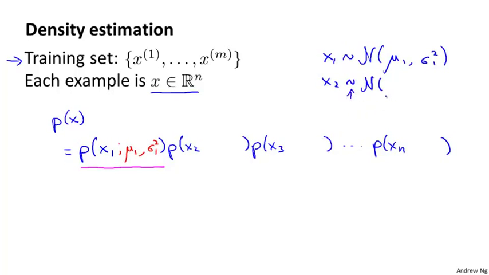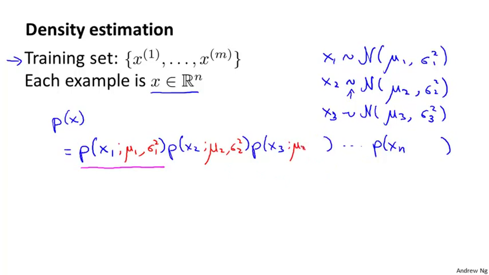That means distributed. This is distributed Gaussian with mean mu2 and sigma squared 2, so it's distributed according to a different Gaussian, which has a different set of parameters, mu2, sigma squared 2. And similarly, x3 is yet another Gaussian, and so this can have a different mean and a different standard deviation than the other features, and so on up to xn. And so that's my model.